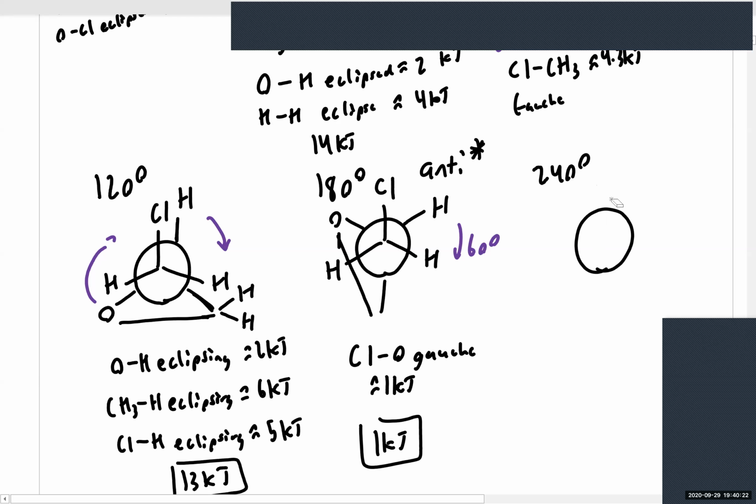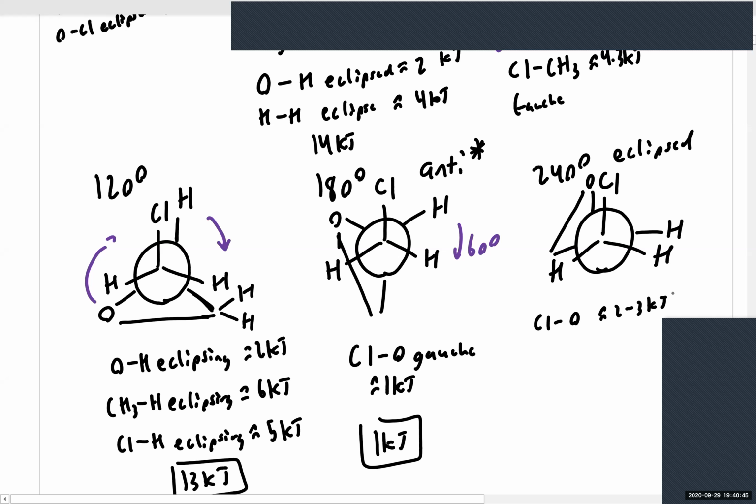Let me draw. So we have our chlorine and our two hydrogens in the same place as always. And now we have another eclipsed conformation. This time we have a chlorine oxygen eclipsing interaction, which is around 2 to 3 kilojoules.